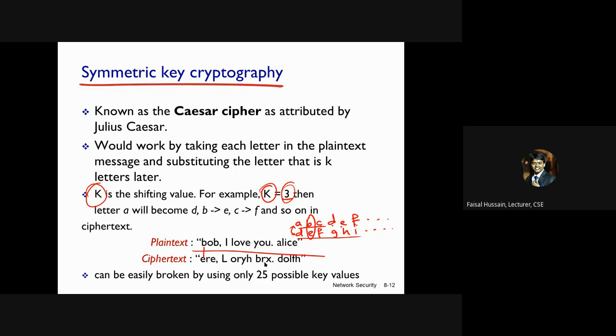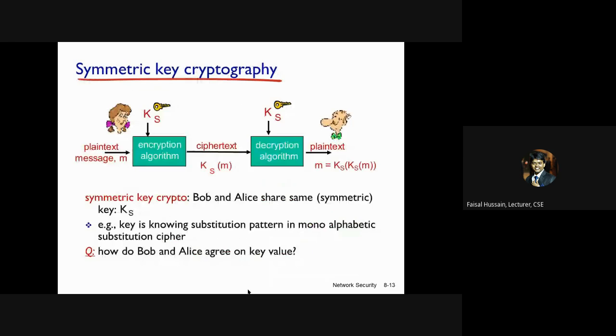There are only 25 possibilities, not more. If he just tries 25 times, he can find out the result. So it is very easy for a program to find the candidate value. One of these 25 makes sense, and that will be your cipher shifting value. So this is a very easy encryption method, and a very breakable one.